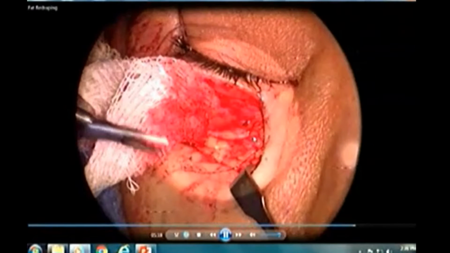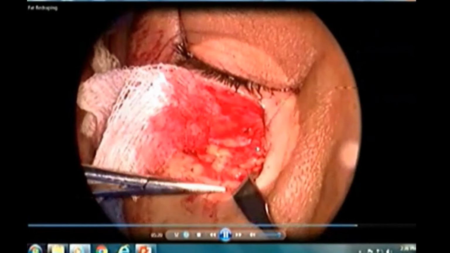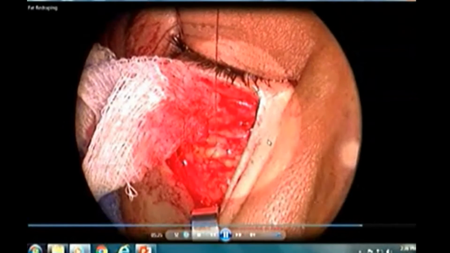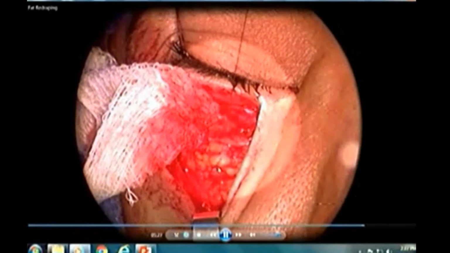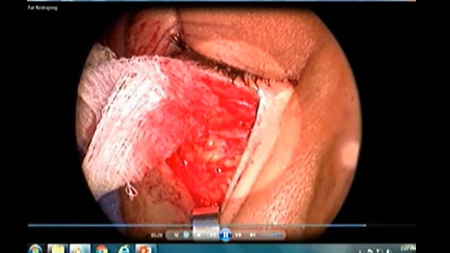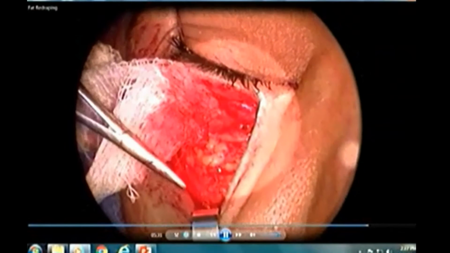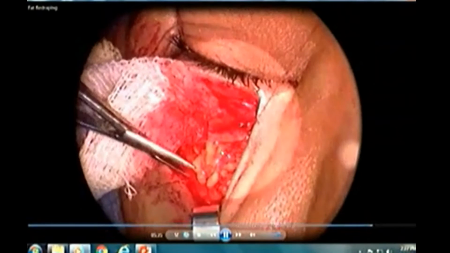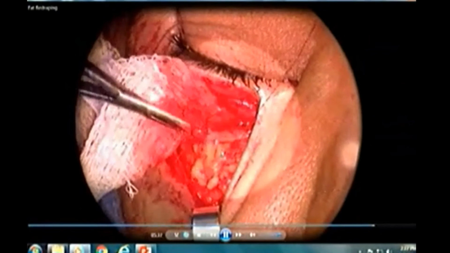Then I connect the medial part of the central fat pad with the lateral part of the medial fat pad, so it will have a smooth contour. Then I fix the central part of the central fat pad. The orbital rim is here, transpositioning or redraping it over the orbital rim.